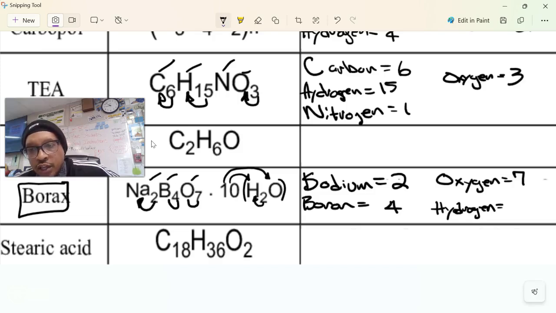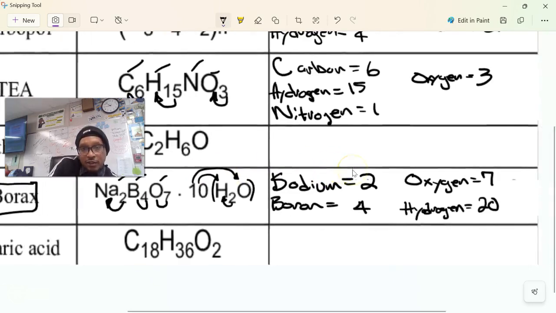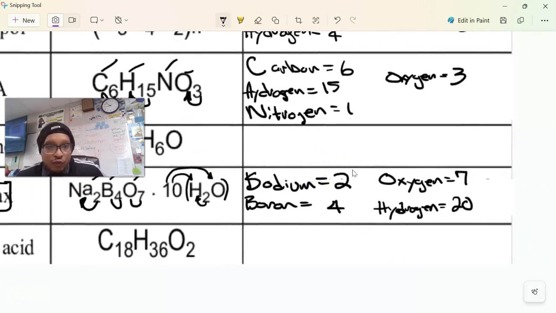So it's 20. Now, the number of oxygen in this total chemical formula is actually going to be more because, here, let's move on over. It is this first 7 oxygens right here, but then it's also, since this is 1 oxygen, 10 times 1 is going to be plus 10, which means the number of oxygens that we really have is 17.